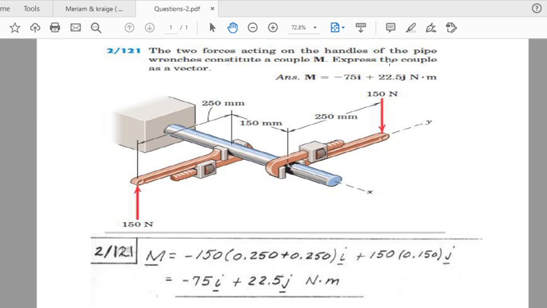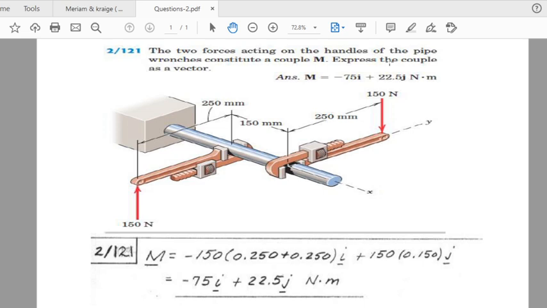So if we select the 150 Newton force, which is directed downward, as the force for calculating the moment of the couple, then the position vector is going to be directed from the point on the wrench with the 150 Newton force in the upward direction to a point on the wrench where we have the 150 Newton force applied in the downward direction. So the direction of the position vector is going to be this.